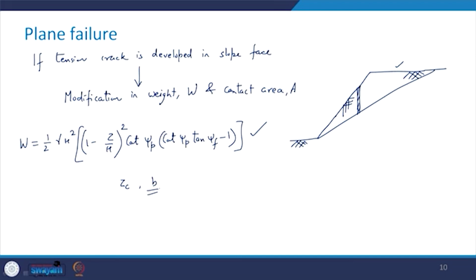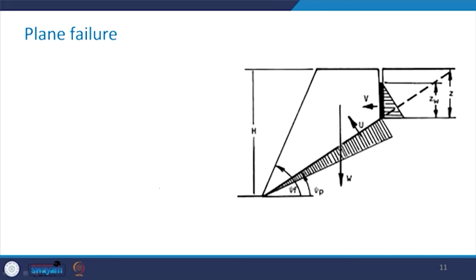Now, let us say the tension crack that is there in the upper portion of the slope like this, as shown in this figure, and there is a presence of water in the tension crack. Then how are we going to consider this in the analysis?